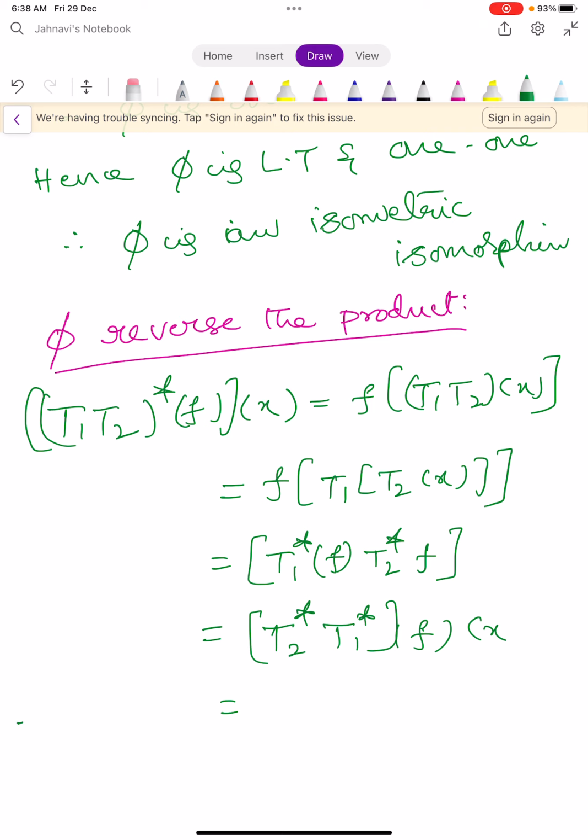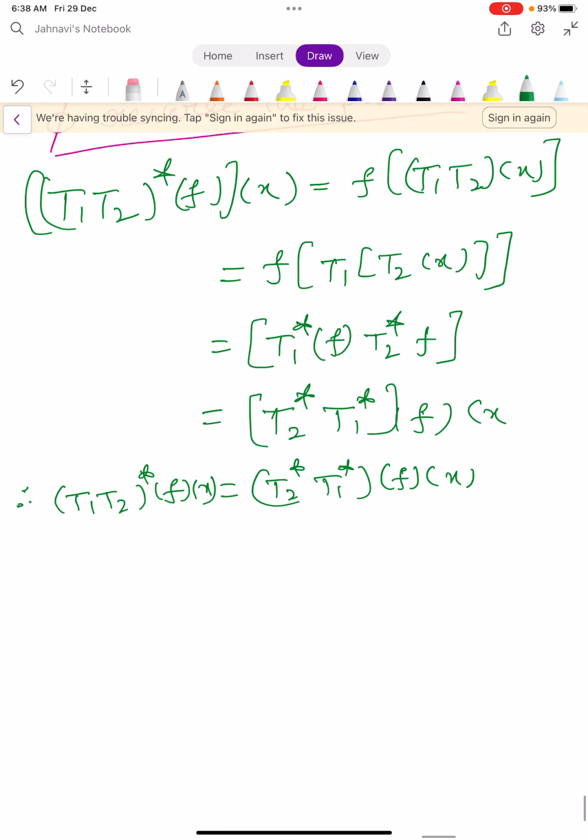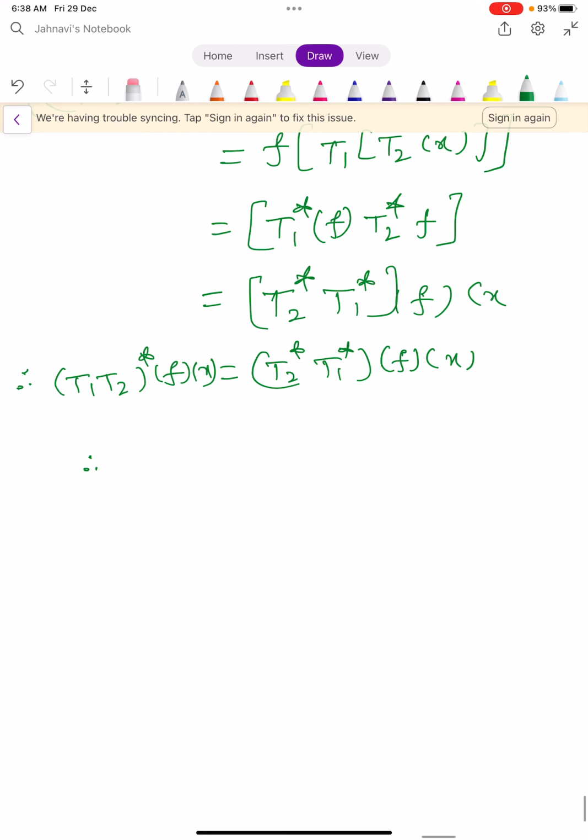So we prove the condition (t1 t2) star f of x is equal to t2 star t1 star of f of x. Therefore (t1 t2) star is equal to t2 star into t1 star.